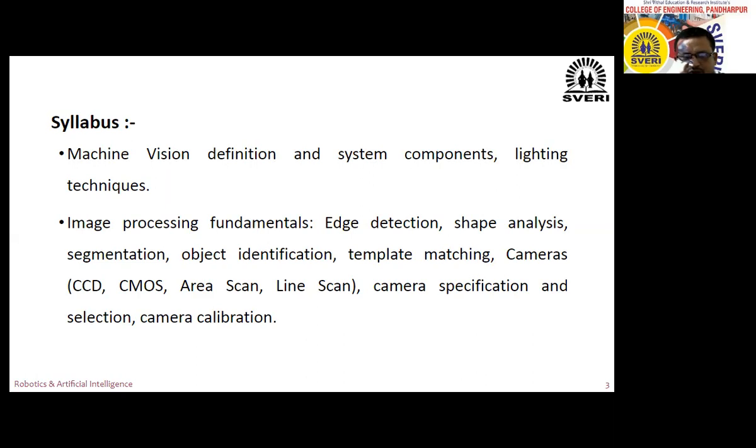In cameras we are going to see four types: CCD camera, meaning digital cameras, CMOS, area scan, line scan, camera specification and selection, and camera calibration.